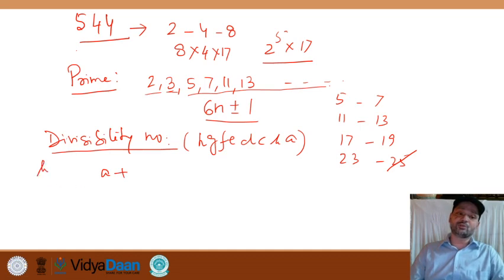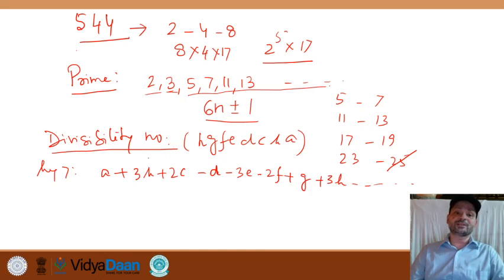So suppose you do it by 7, as we have done in our earlier lecture: a plus 3b plus 2c minus d minus 3e minus 2f plus g plus 3h, like that it will go. So basically if you have 6 digits, you get a minus d plus 3 into b minus e plus 2 into c minus f. If you do that, you can find whether this number is divisible by 7 or not.